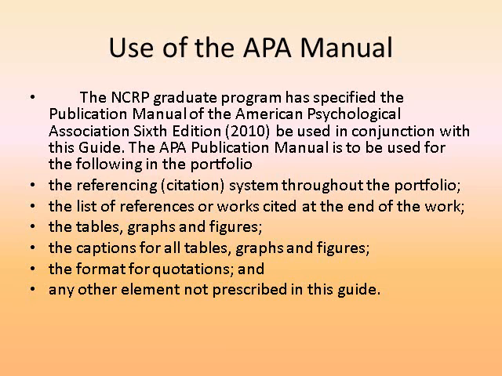The APA Publication Manual is used for the following in the portfolio: the referencing system throughout the portfolio, the list of references or work cited at the end of the work, the tables, graphs, and figures, the captions for all tables, graphs, and figures, the format for quotations, and any other element not prescribed in the portfolio guide.